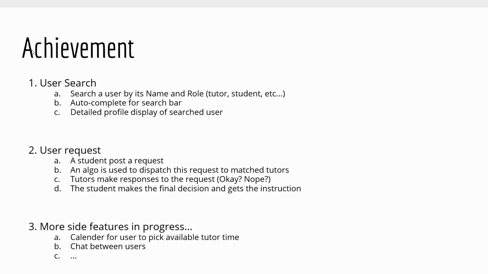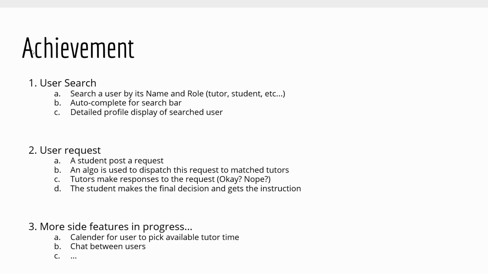The second and main achievement for this summer is user requests. Briefly, a user could pose a request and dispatch this request to several matched tutors. Then the tutor could respond to this request, either accept or deny.